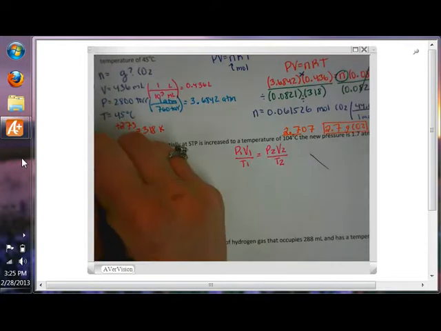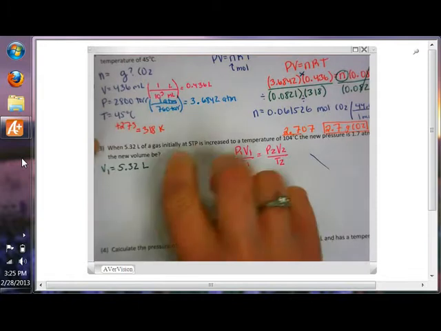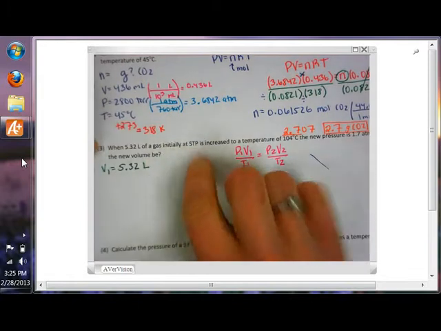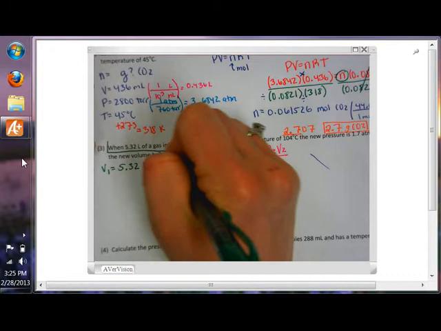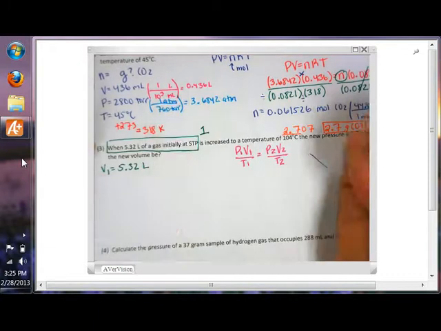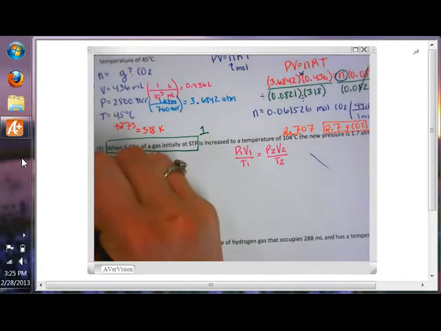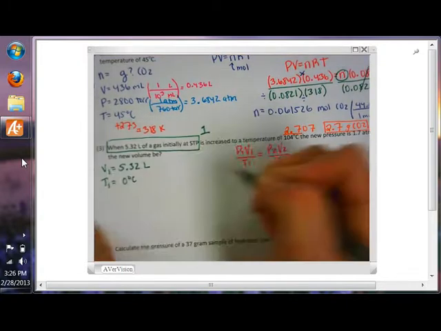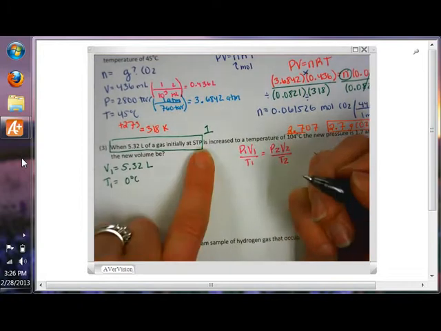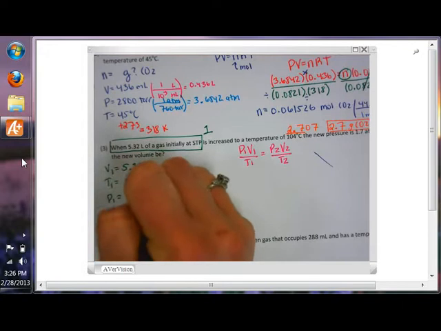So these right here are my ones. Standard temperature is my T1, that's 0 degrees Celsius, and standard pressure is my P1. And P1 is 1.0 atm. And then here are my 2's. Increase to a temperature of 104 degrees Celsius, that's T2.